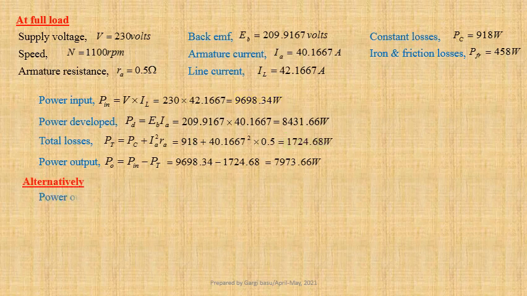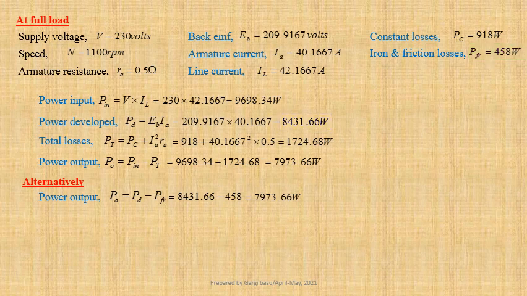Alternatively, power output PO equals PD minus PFR. Using values, we get 8431.66 minus 458. That gives us 7973.66 watts.